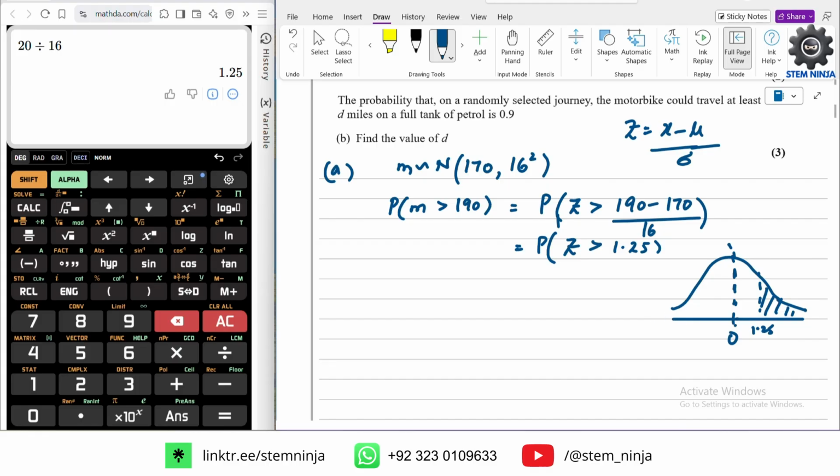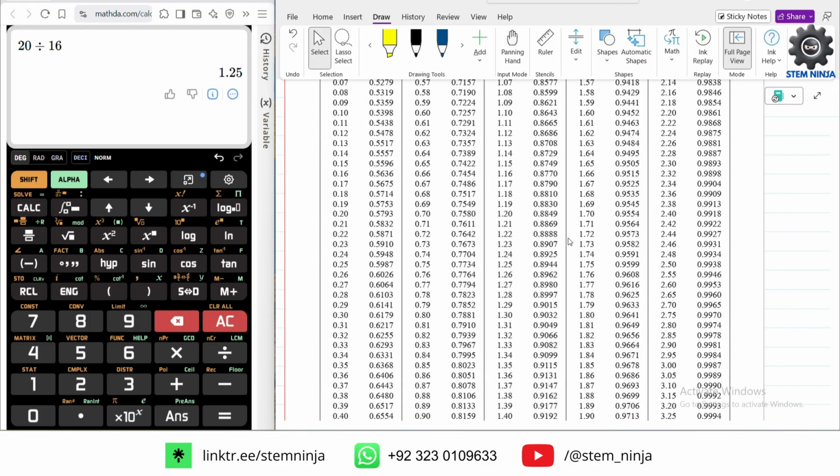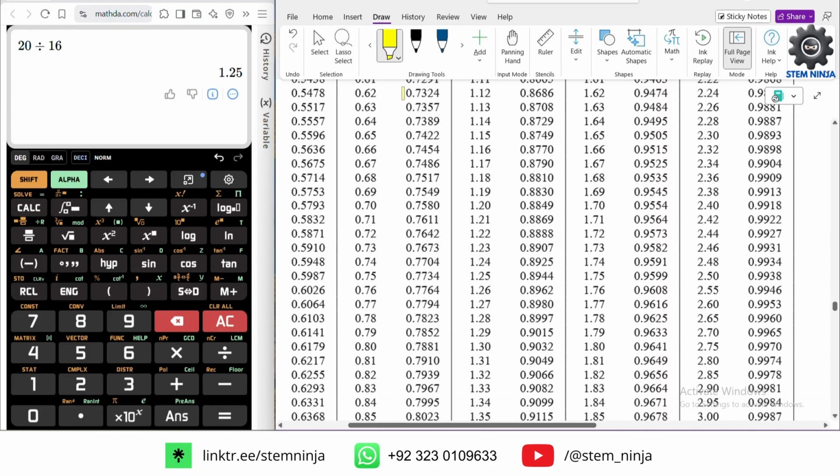So what we will do is subtract it from the less than part, 1.25. Now let's go to the standard normal table and see where we are. So the phi of 1.25 is 0.8944. So let's go back to the paper.